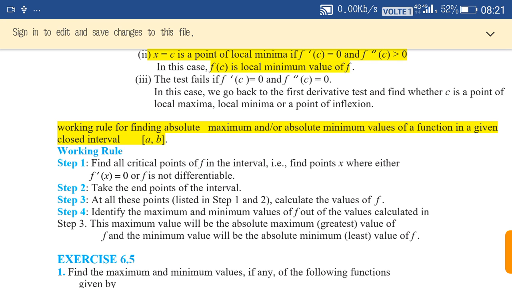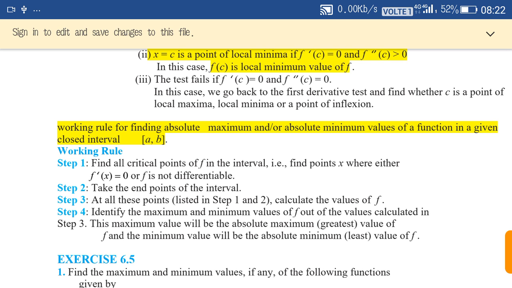So now we get the value of the function at all those points, at the extreme points a and b also, and at all the critical points.